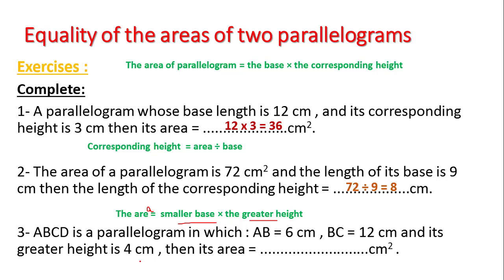Here we have the greater height is 4 and the smaller base is 6. So I multiply 4 times 6 to get the area of this parallelogram. Okay, so the area of parallelogram will be 4 times 6, which is equal to 24.